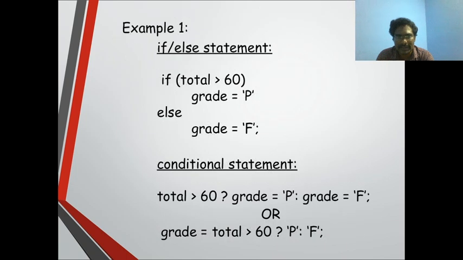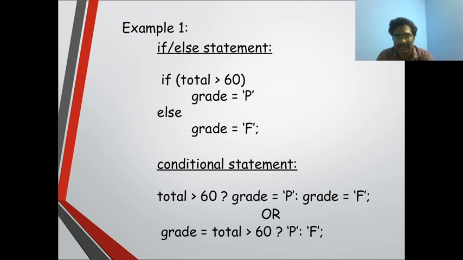Here the example is about how to use the conditional operator in place of a simple if else. If the total is greater than 60, then the grade is P, that is pass. If the condition is false, then the grade will be F, that is fail. So with the conditional operator, the grade will be P, and the grade will be F if the condition is false.